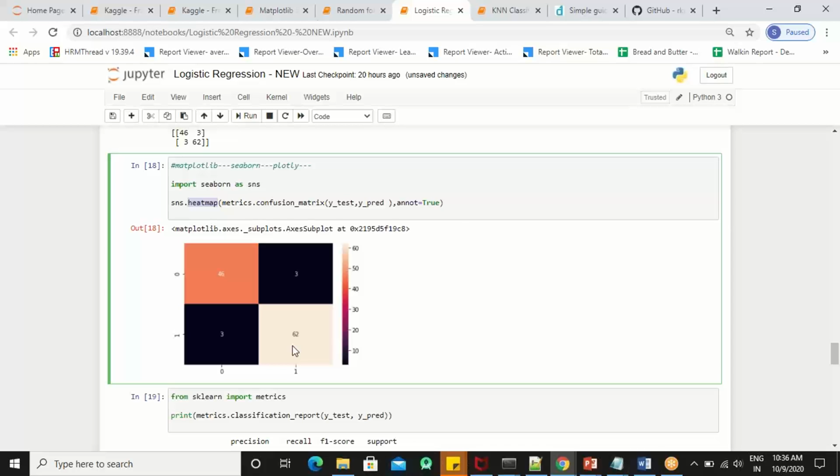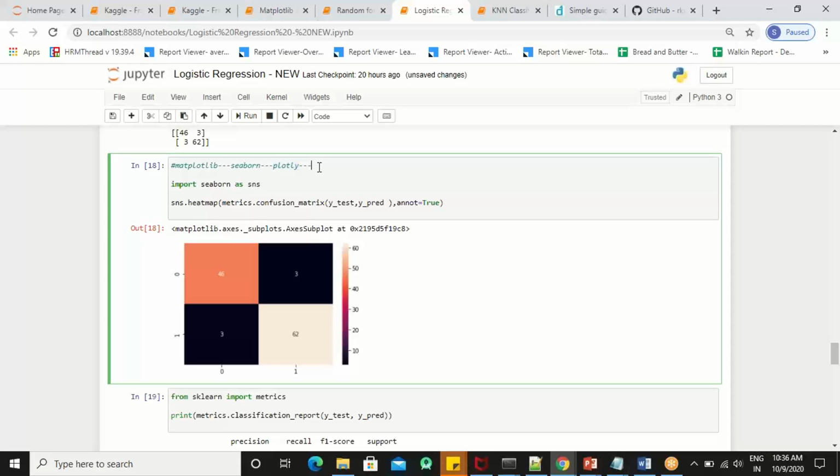We can invert it. So this is my heat map where I have passed the confusion matrix, and that's it. This annot is like annotation. You don't need to do everything, but definitely please go through these.